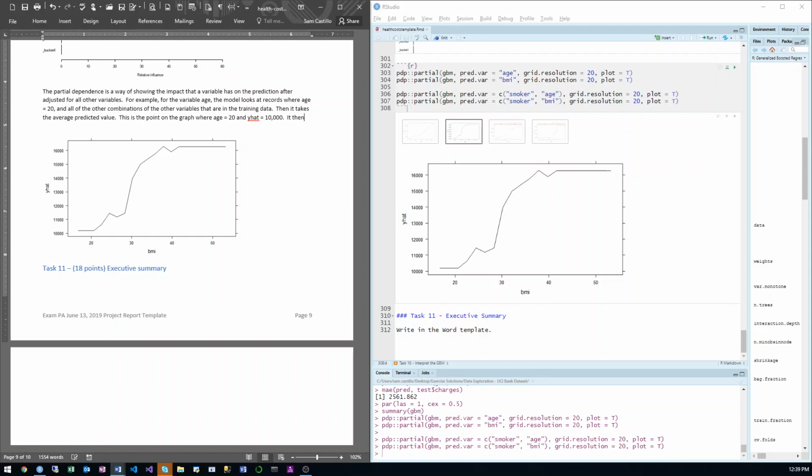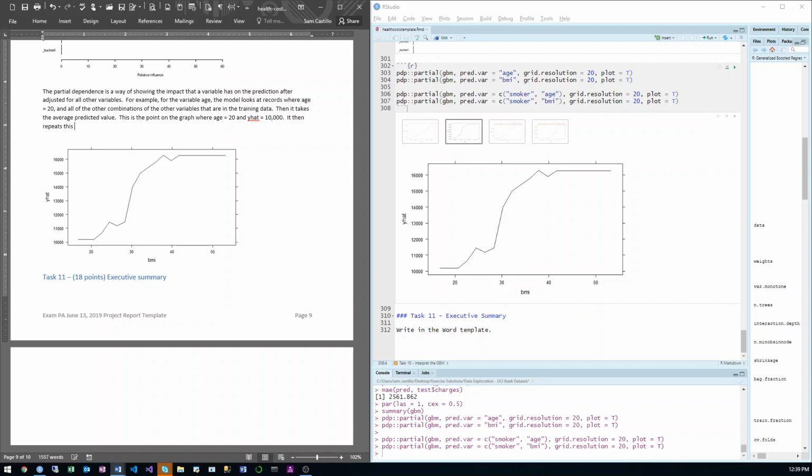It then repeats this process for all other values of age.